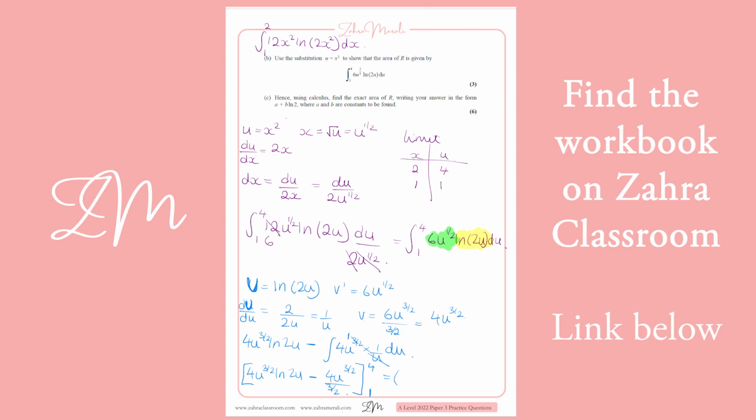So we'll get sticking 4 in. We're going to have to do it in bits because it wants it exact. So we get 32 ln 8 minus 64 over 3 minus 4 ln 2 minus 8 thirds. Should be 3. And when you clean that out, you're going to end up with, they want it in terms of ln 2.